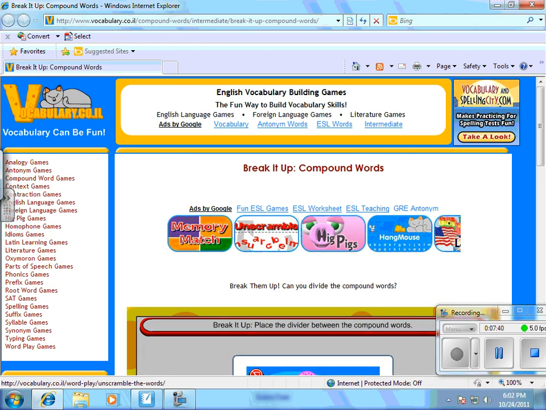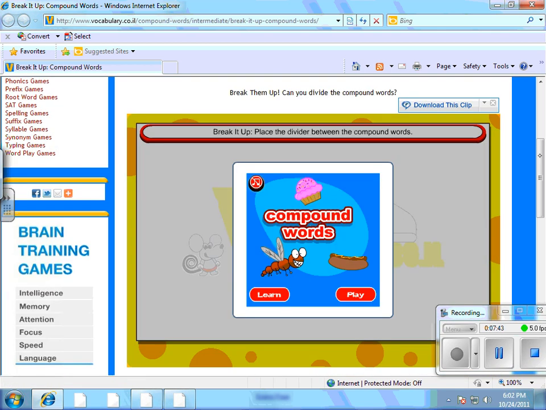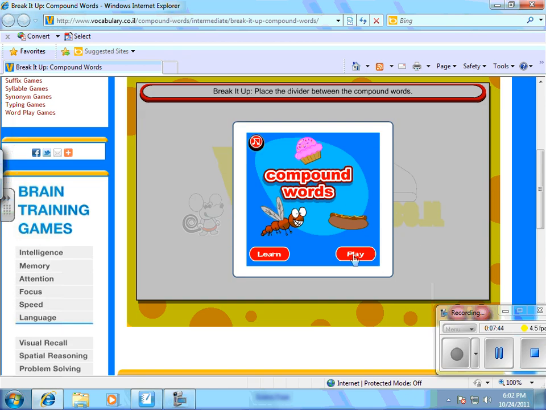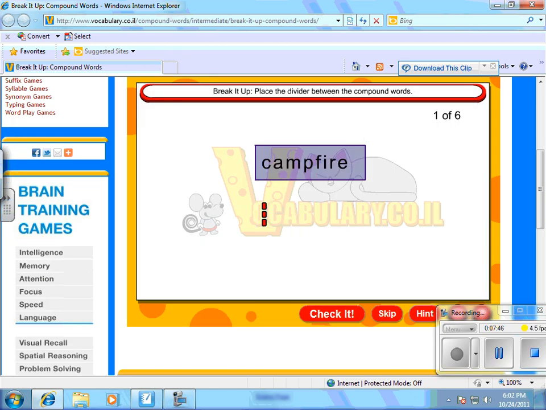Alrighty. Let's play. Okay, our first word is campfire. Can anybody tell me where I need to move the divider bar to? What were you saying, Sarah? In between camp and fire? Let's check it. See if it's right. Wonderful, you got it right.